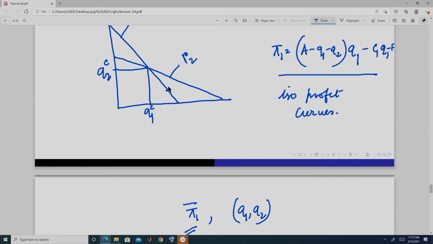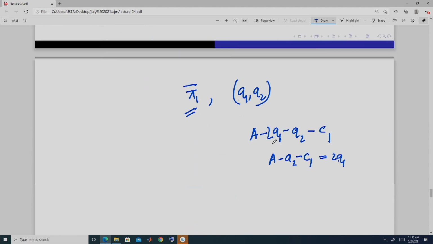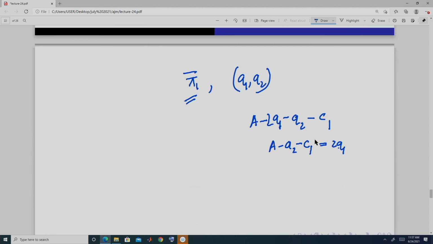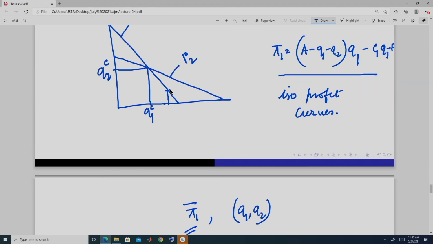Suppose I fix the level here of Q2. So, if Q1 is less than this amount, then this is positive, increasing, and if Q1 is greater than this amount, then it is negative. So, we get it like this, that is why it is a maximum point given a fixed Q2.